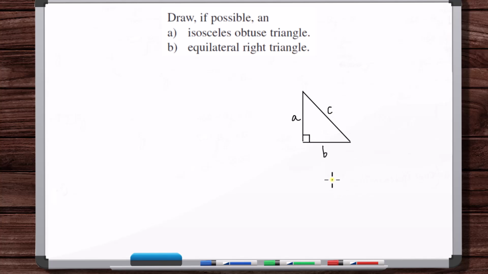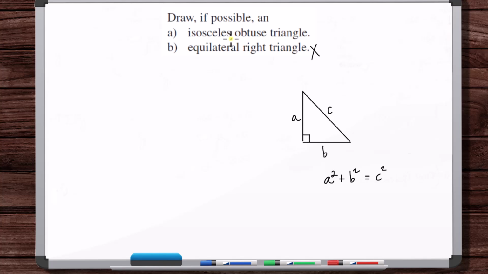We're going to come up with the Pythagorean theorem, a squared plus b squared is equal to c squared. But a and b can't be 0, or you wouldn't have a triangle. So c is going to have to be bigger than a and b. So this is not possible.